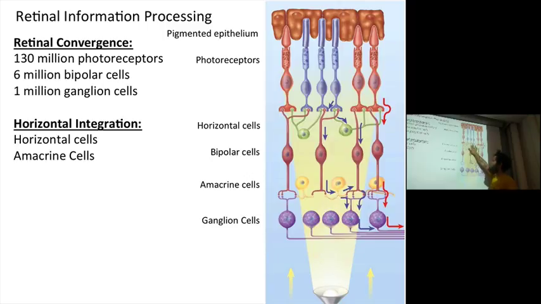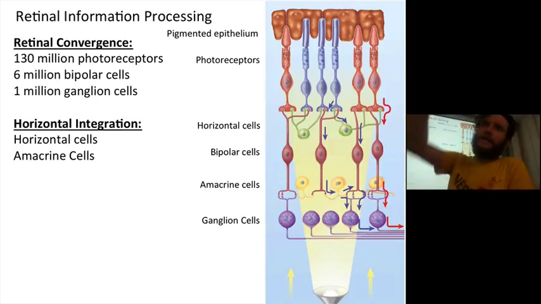photoreceptor bipolar interface, and it's these horizontal cells which are responsible for mediating the activities at these junctions, at these synapses. And then the amacrine cells have a similar function at this interface. And so what that is, for example, say Killian here was a photoreceptor. You're all photoreceptors, and he absorbs some frequency of light.